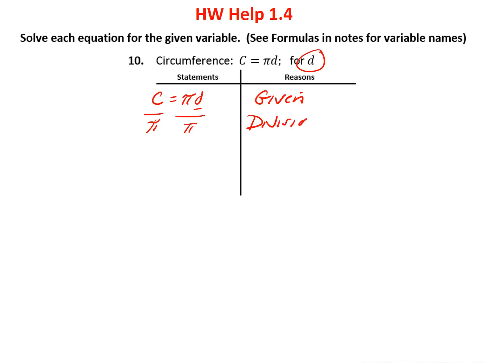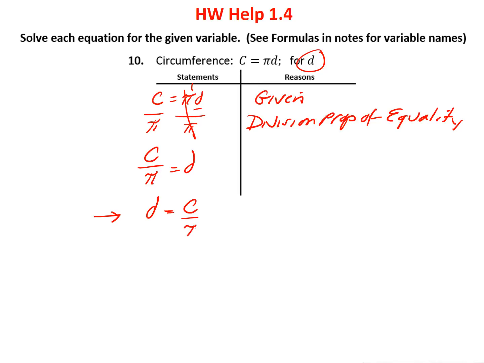That's the division property of equality. Pi divided by pi is 1. And so we have C divided by pi equals D, or we can simply, by the reflexive property, flip that around and say D equals the circumference divided by pi. And there's our answer.